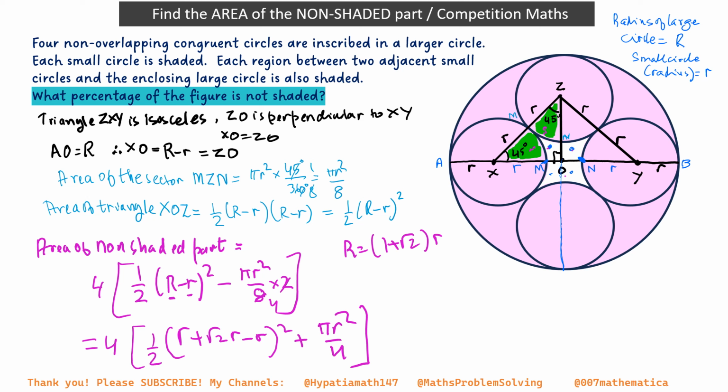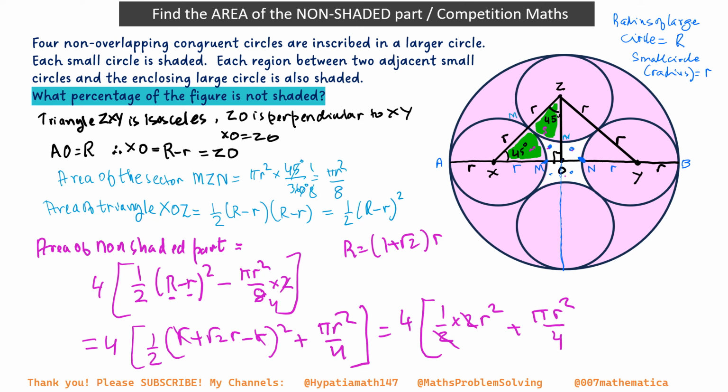And see, the r's get cancelled out, and I am left with 4 half, within brackets I have the 2r square, so I will write times 2r square and plus pi r square out of 4.